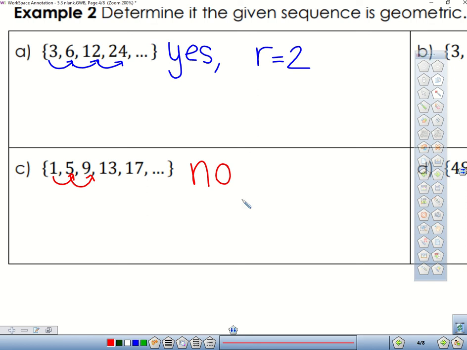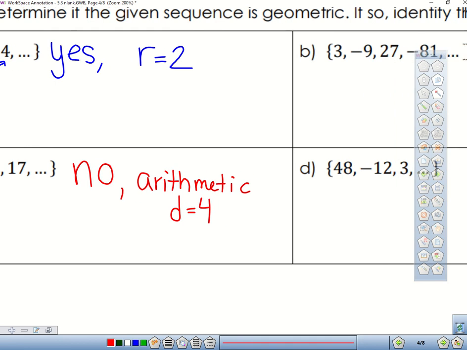So this is a sequence that has a pattern, but it's actually arithmetic. You can say no, and you can say arithmetic if you want. This arithmetic sequence has a d value of what? 4. So yes, it is a sequence, but it's not geometric. Does that make sense to everybody so far? All right.